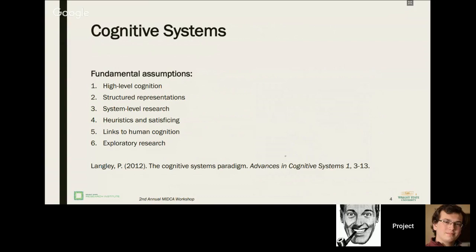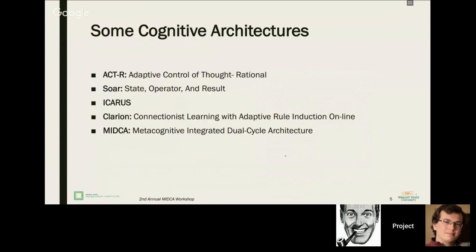Though there are a number of cognitive architectures, I'm going to list five here, and I apologize to EPIC and many of the other architectures that are out there. The five I will briefly discuss today in terms of the relationship to MIDCA are ACT-R, which is out of Carnegie Mellon University, SOAR, University of Michigan, and it originally came out of CMU, Icarus at ISLE, Clarion, Ron Sun, that's RPI, and MIDCA here.